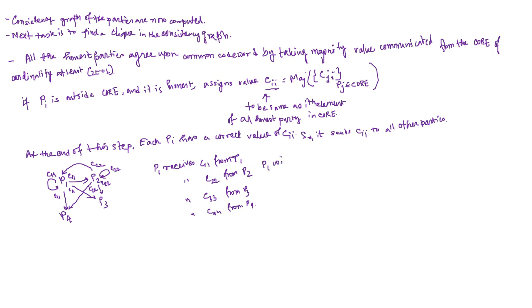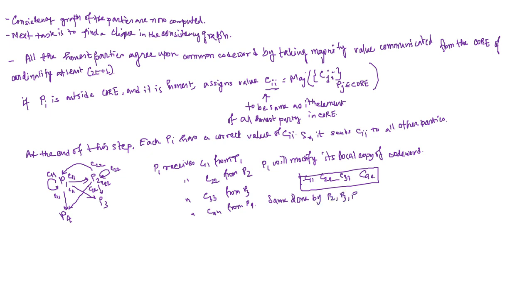Now p1 will modify its local copy of the code word as c11, c22, c33, c44, right? And the same will be done by p2, p3, p4 also. So every one of p1, p2, p3, p4 will have the local copy of the code word modified as c11, c22, c33, c44.